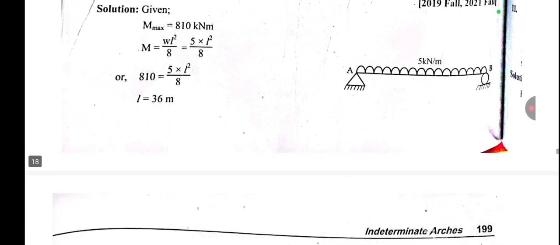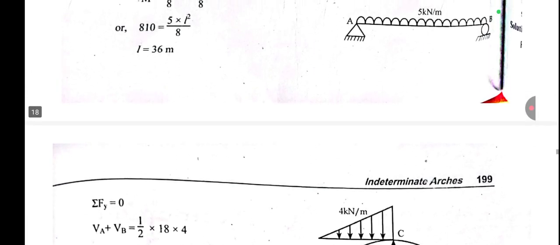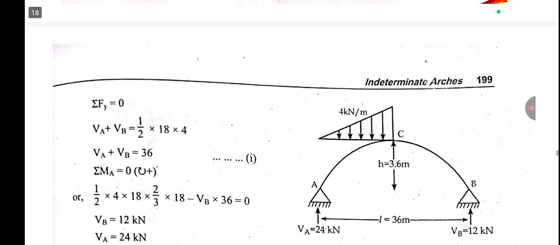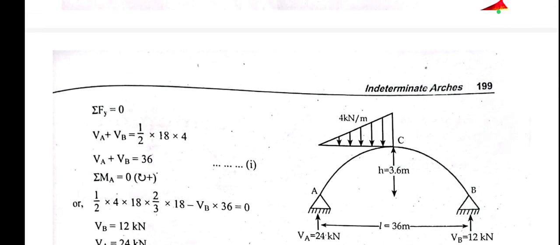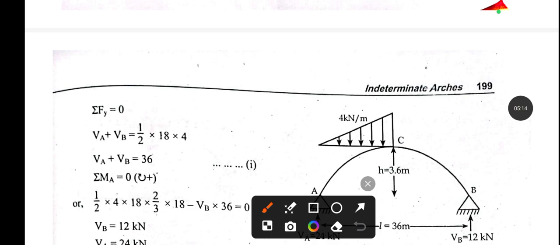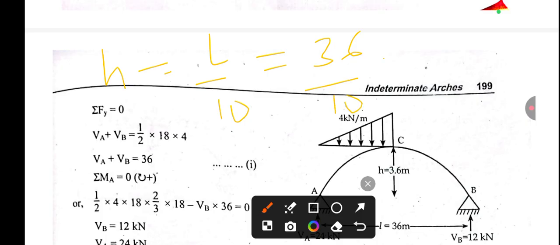So now let's calculate this one. The value of h of this arch will be L upon 10, that is 1/10 of the span. It means 36 by 10, so this value will be 3.6 meter.